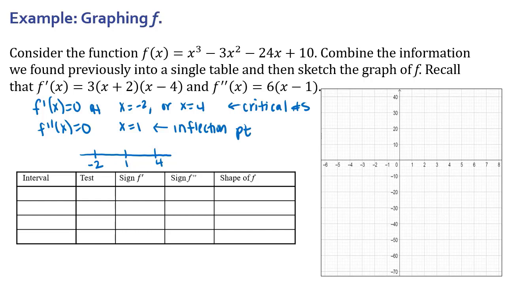You're going to see that we have 4 different intervals: from -infinity to -2, between -2 and 1, between 1 and 4, and between 4 and infinity.